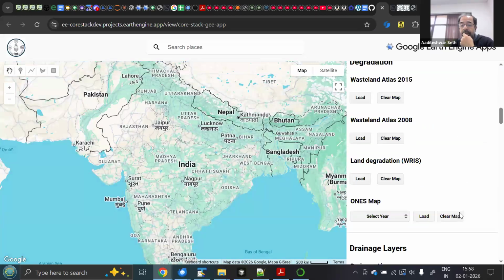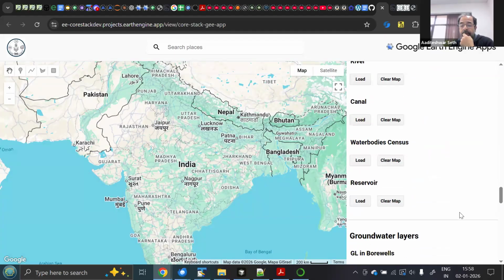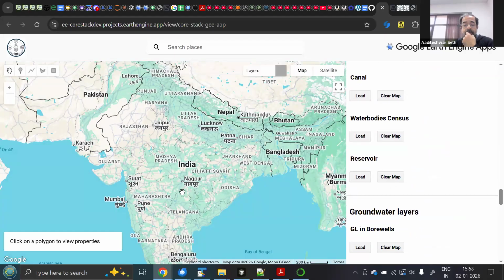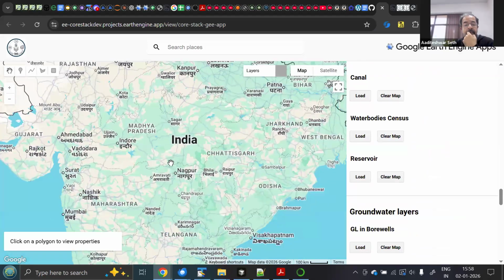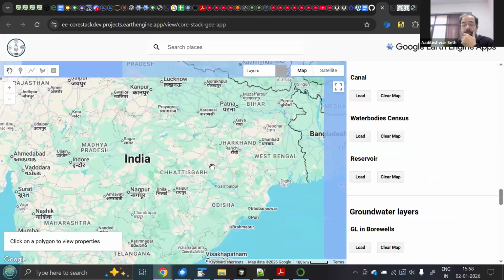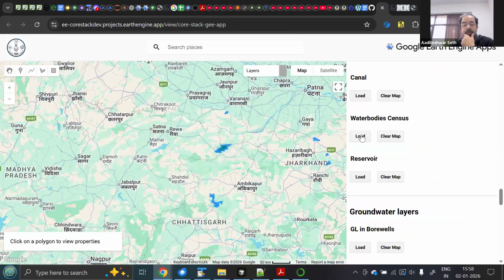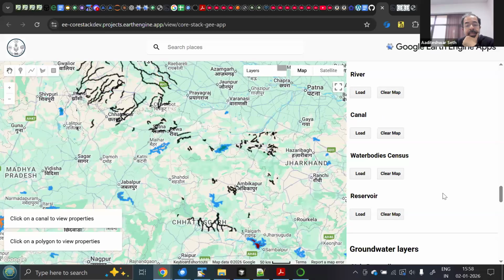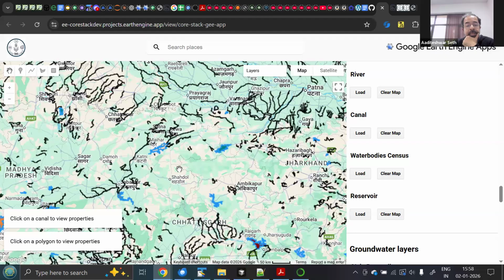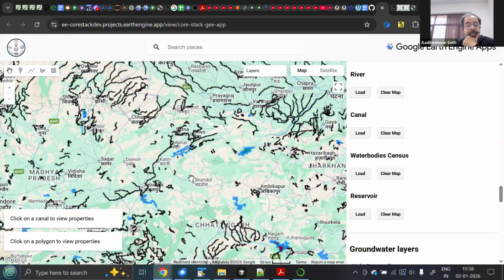Again, we have put up a lot of these data sets together. We know where all these reservoirs are, which typically have dams behind them. And we also have the canal network. Now you can see that there are all these canals emerging from these reservoirs.